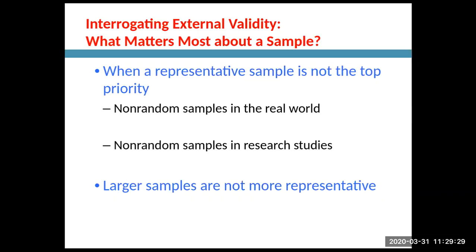When we're talking about testing and surveys and all of that stuff, and in research methods, we like to simulate in an experimental setting when we can control for a lot of things. In the real world, it's really hard to be able to control a lot of things, right? So we're going to look at non-random samples in the real world, as well as non-random samples in research studies.